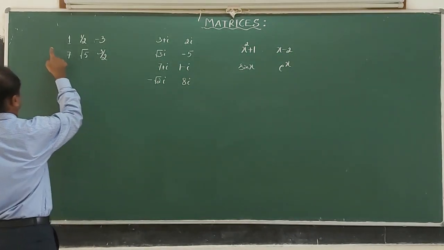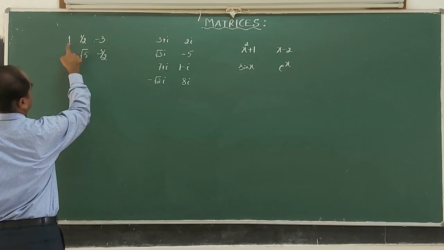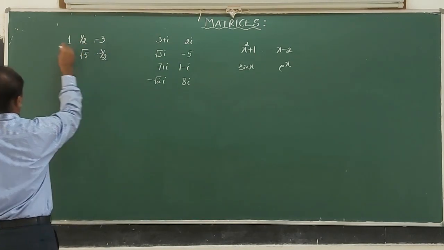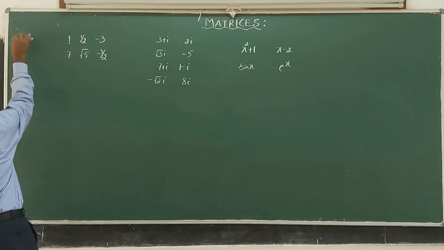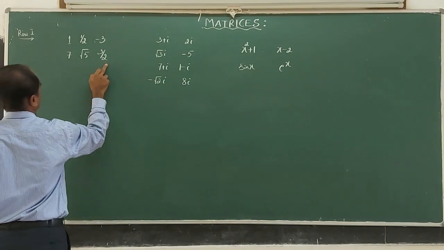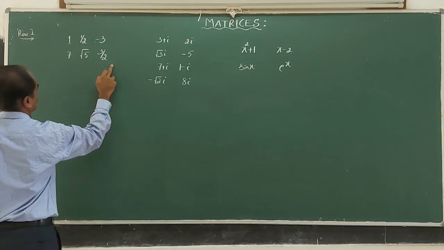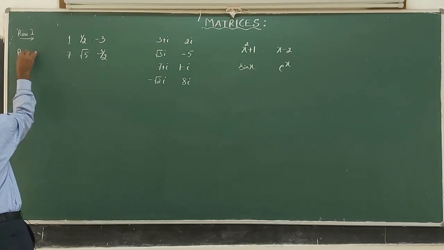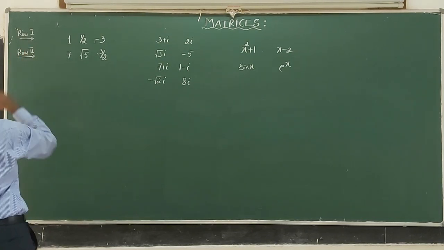The horizontal line of elements, that is 1 by 2, minus 3, is written along this row. So this is row number 1. 7, root 5, 3 by 2 are written along another row. So this is row number 2.